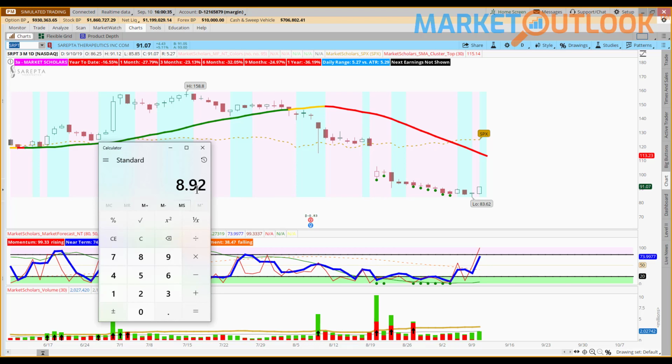So we have $8.92 worth of upside potential, and that means that I need to subtract this number out of the current price to see where we're going to put our stop loss. So I'm going to just hit the minus sign here and subtract that from 91.07, and that is 82.15. Of course, you'd cancel out that minus sign right there, but basically our stop loss will be at 82.15.